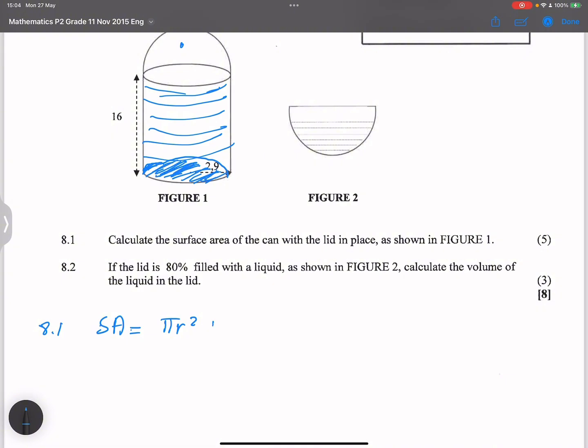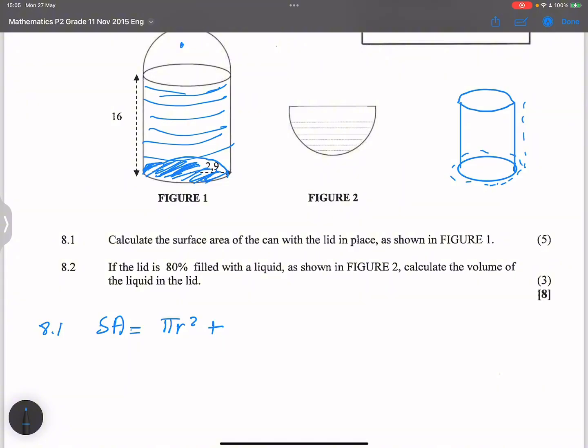Plus, now notice, ladies and gents, when we take the surface area of a cylinder, it is always going to be the circumference of the circle, or rather the perimeter of the base, multiplied by the height. In this case, we know that the circumference of the circle is 2 pi r multiplied by the height.